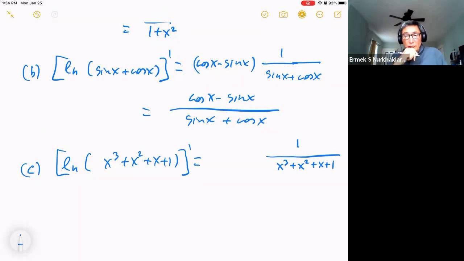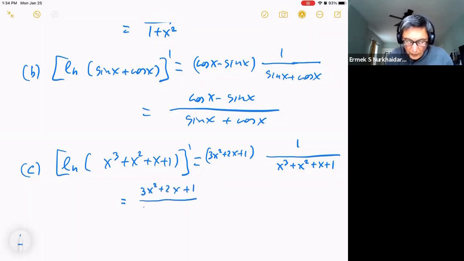And the derivative of the inside function is straightforward: 3x squared plus 2x plus 1, if you like, plus 0. I'm going to rewrite it as one big fraction: 3x squared plus 2x plus 1 divided by x cubed plus x squared plus x plus 1.